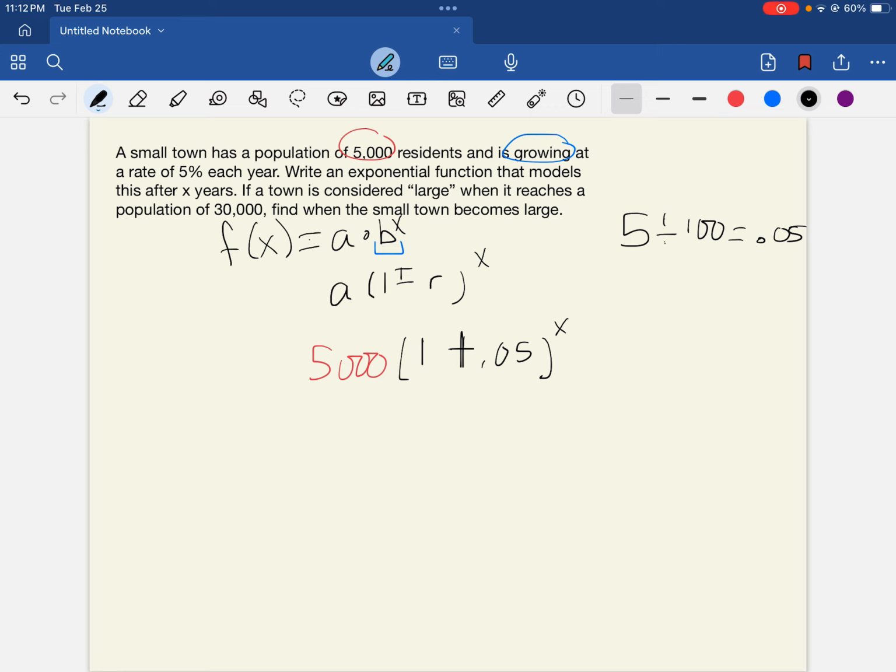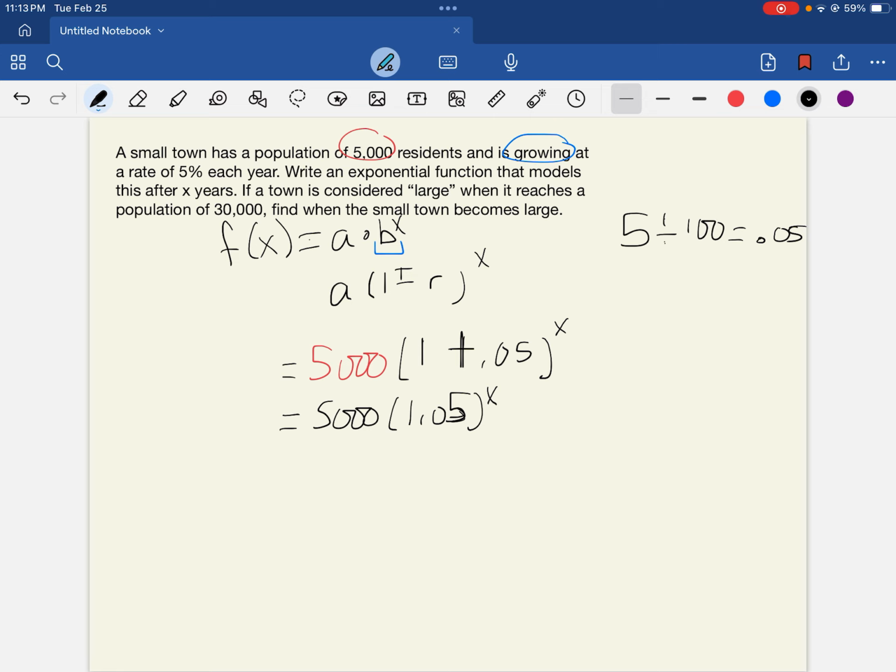We have a rate that's being constantly multiplied and it's above 1. It's not a lot above 1, but that's okay. And this is going to be our function: 5,000 times 1 plus 0.05 raised to the x. You can also write this as 5,000, and if I add those two things together, I get 1.05 raised to the x. Either of these will work, either of these are acceptable.